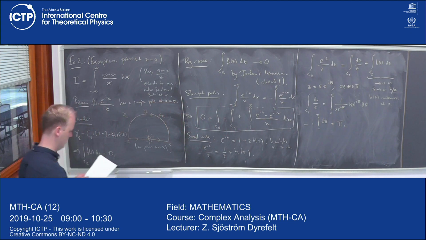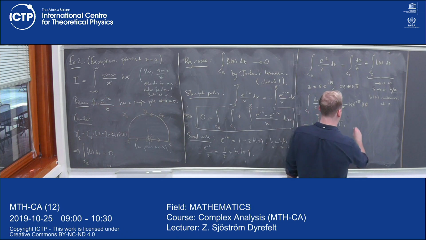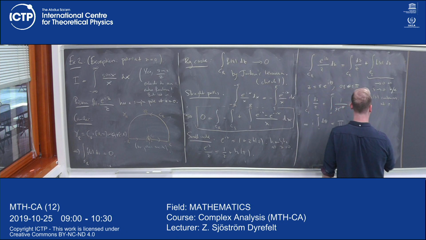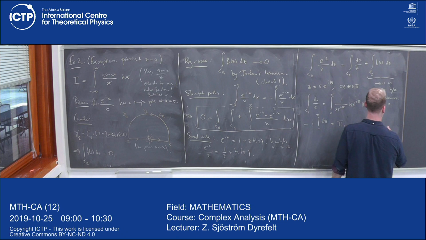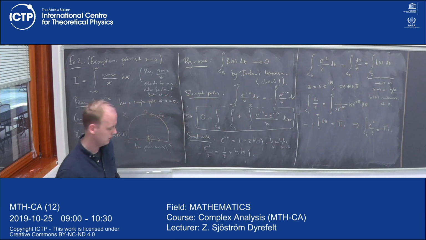And this means that minus the integral over C epsilon of this thing is equal to minus pi i. And this is what I was interested in, right?